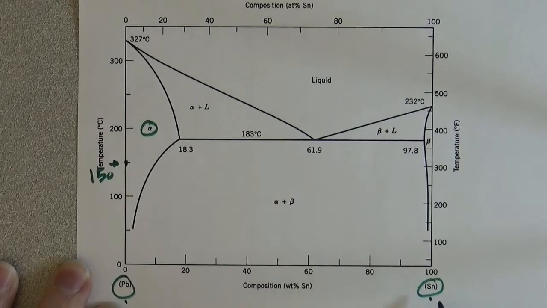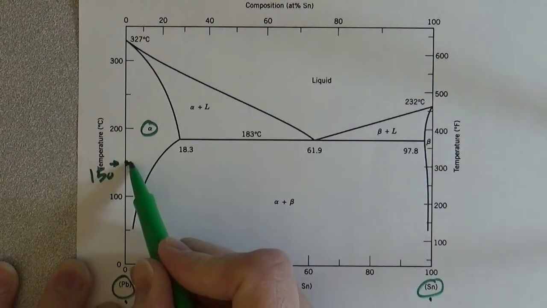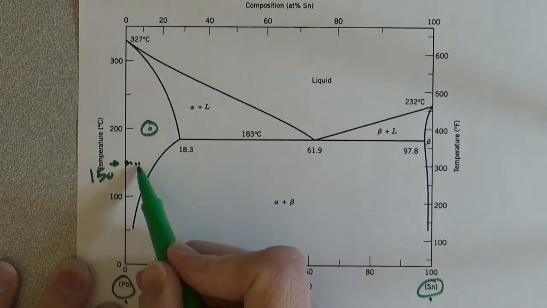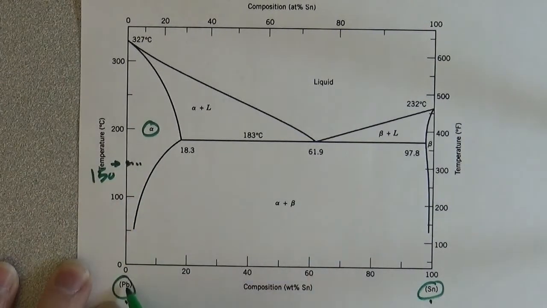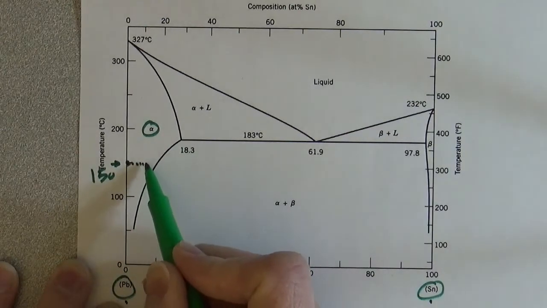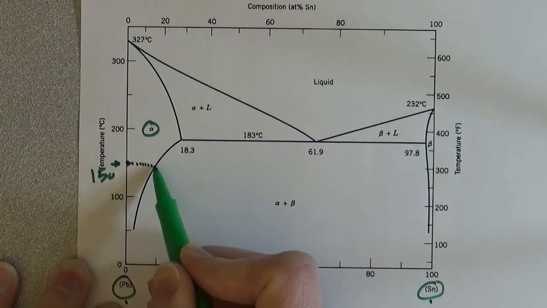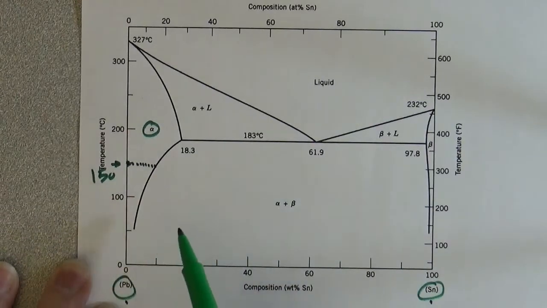And as we start to introduce tin, it will start to substitute for lead on some of its atomic sites, and that lets us go over here. So now we have some tin in our lead, and it's sitting on the sites, and we can keep going and keep adding tin until we reach this phase boundary.